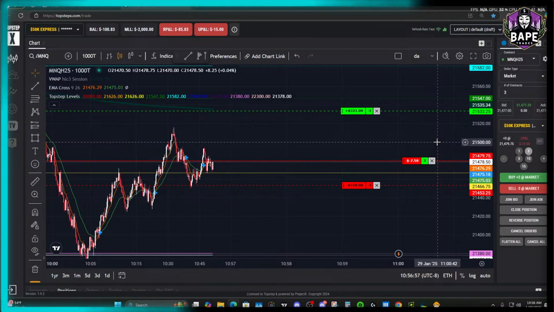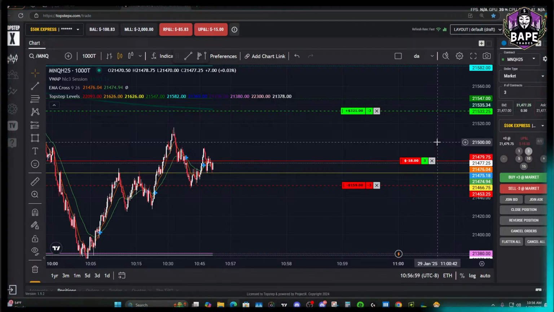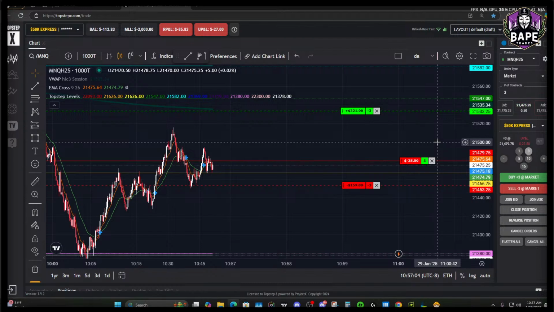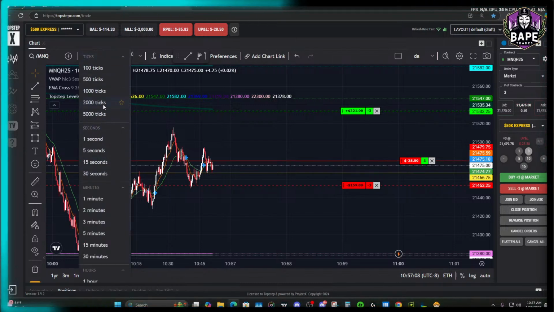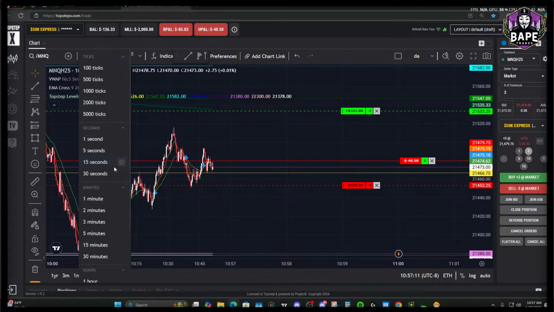4 minutes left. Charts looking like it wants to come down. I said overall trend is bearish.